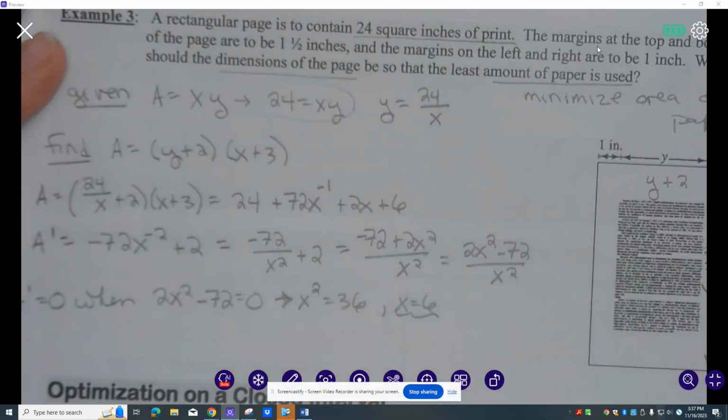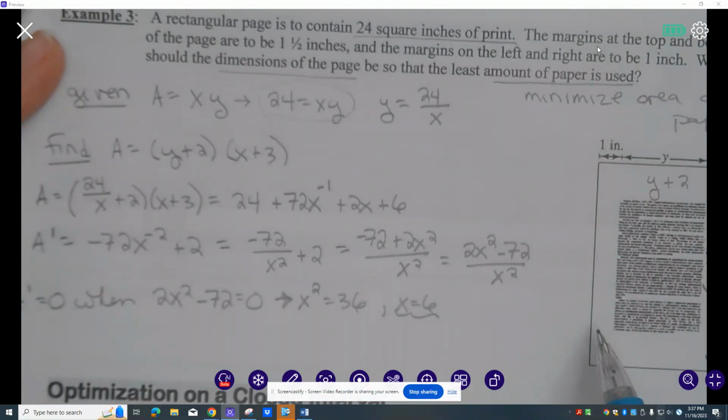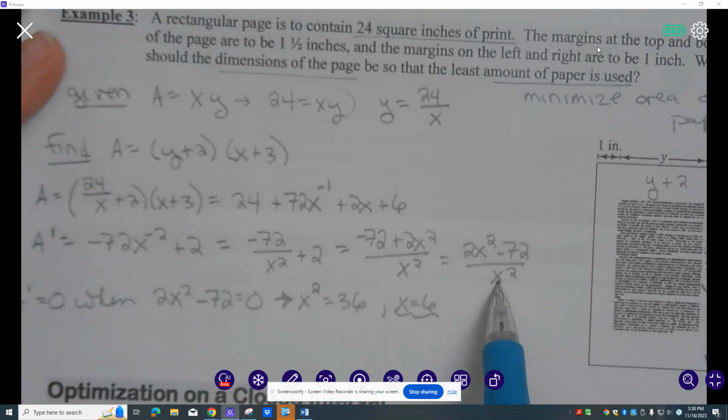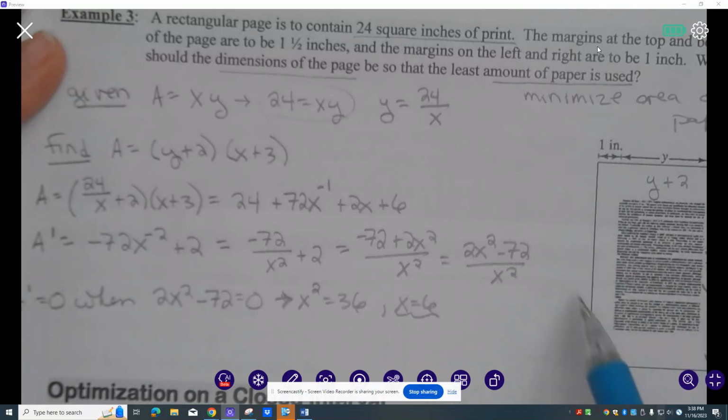We're ignoring the negative one because these are dimensions. The other thing you need to note is critical points are when the derivative is 0, which we just did, or when the derivative is undefined. Now this would be undefined when x equals 0. But if you think about it, x is not going to equal 0 because that would not make sense in this situation.